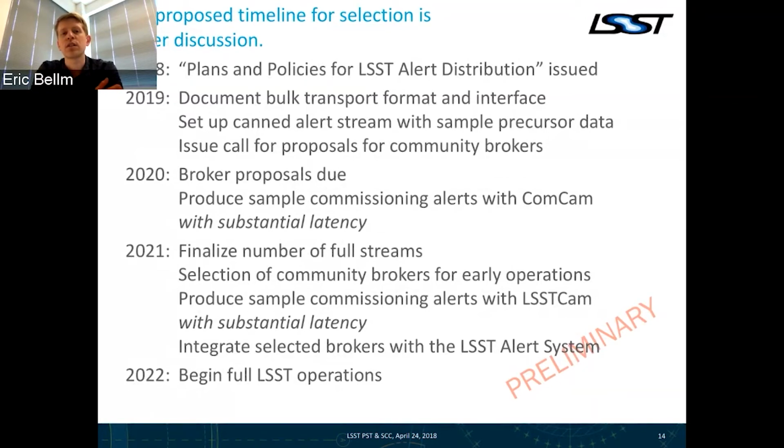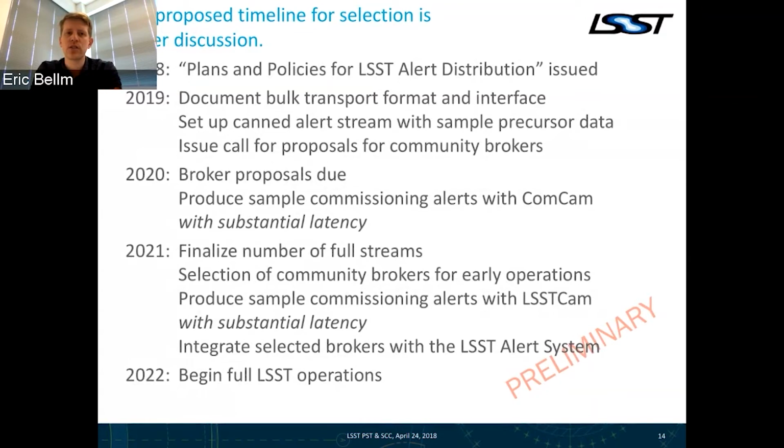So this is the schedule I'm suggesting, but I think there are arguments for and against shifting those dates forward or backwards. Obviously, earlier selection is better for brokers who might need to secure funding, and having a guaranteed selection would aid that.